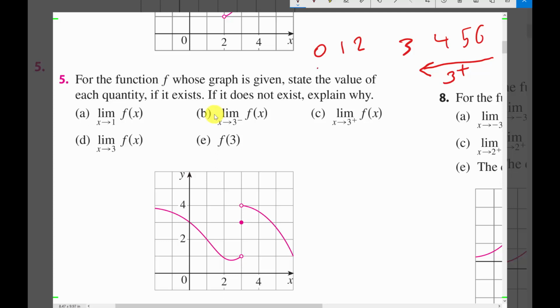And when we approach 3 from this side, we say approaching from the left, and we put the negative sign. This doesn't mean negative 3, or positive 3. It means just that we are approaching 3 from the negative side, and the plus means we're approaching 3 from the positive side. So just keep this in mind. This is not negative or positive; this means right, this means left.